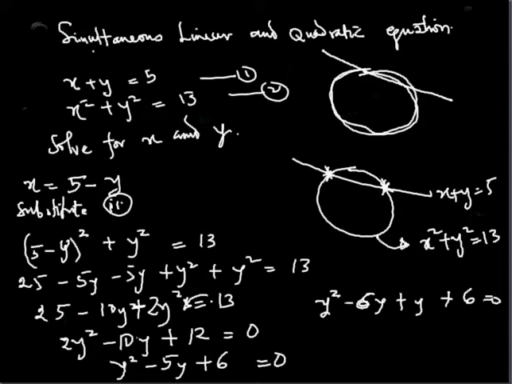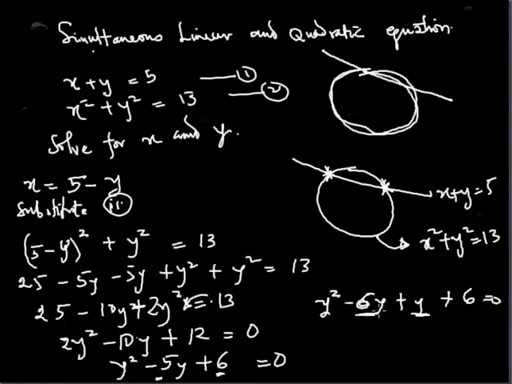Now, if you look at what was just written here, we'll realize that this cannot work. It cannot be factorized to give us these values, because we are looking for two numbers that add together to give us minus 5, and multiply together to give us 6.